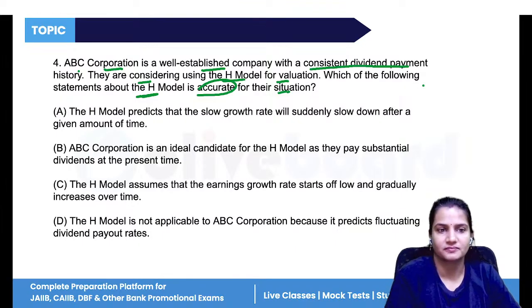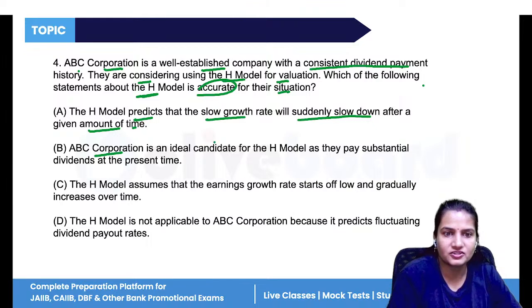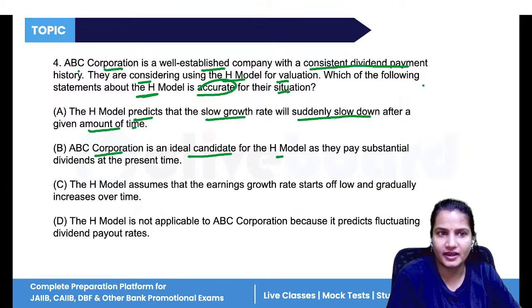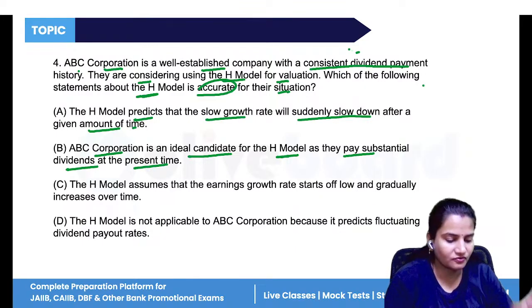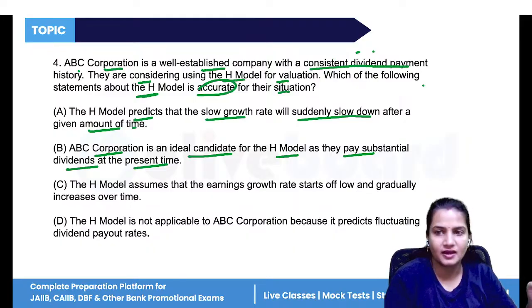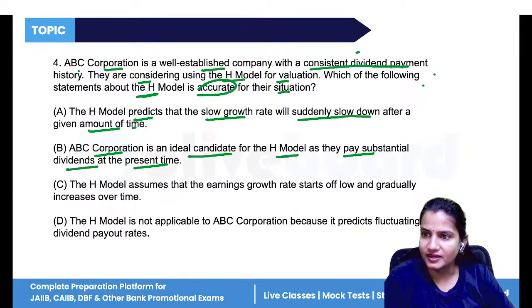The H model predicts that the high growth rate will suddenly slow down after a given amount of time. ABC Corporation is an ideal candidate for the H model as they pay a substantial dividend at the present time. See, the dividend payment was already consistent throughout the years. Now, the H model says that the growth is very high at the initial level.